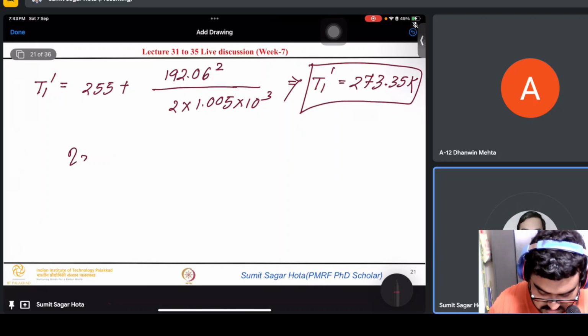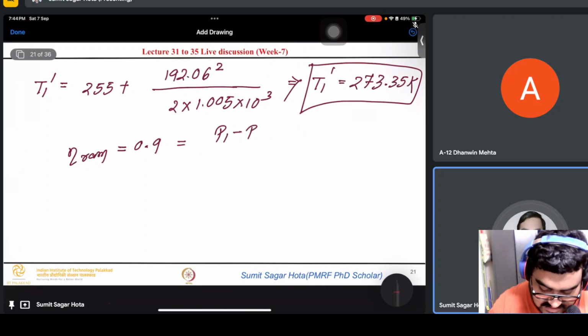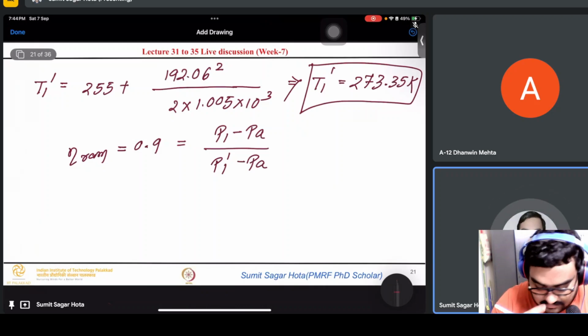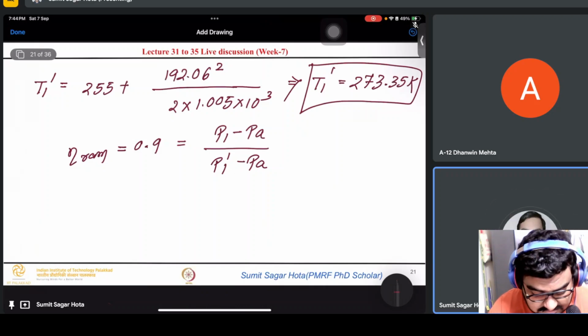Okay, ramming efficiency 0.9 given, which relates the P1 and P ambient pressures. Okay, the ratio of difference of P1 and P ambient.